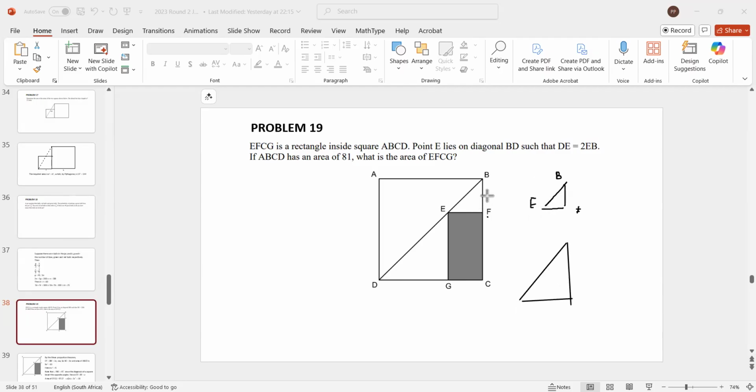You'll see they've got the same angles because this is 45, 45, 90.